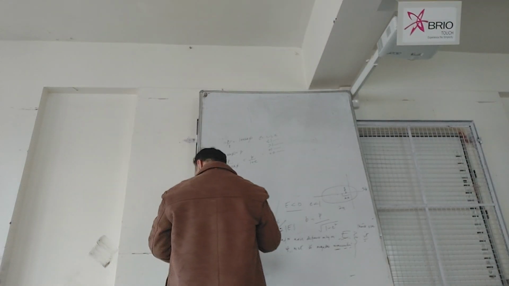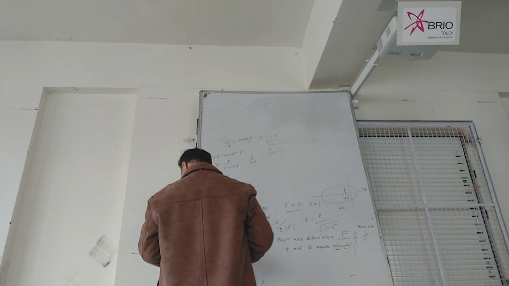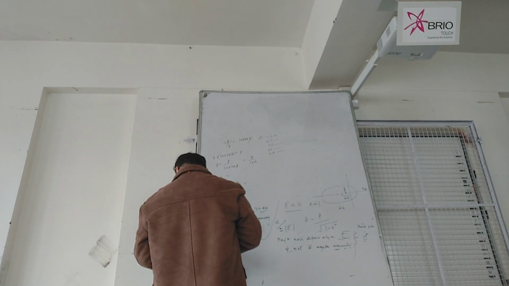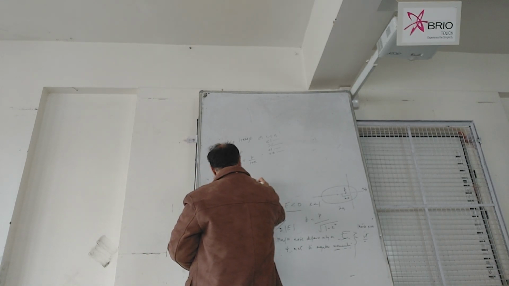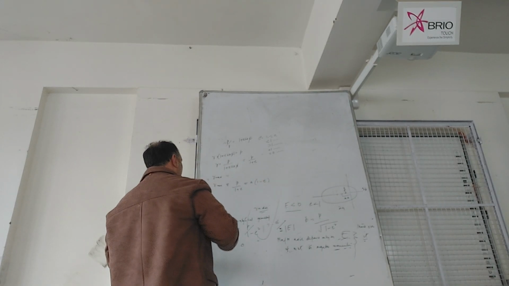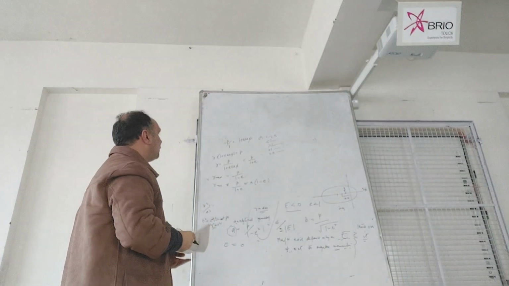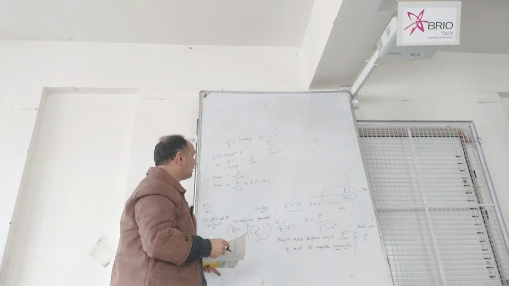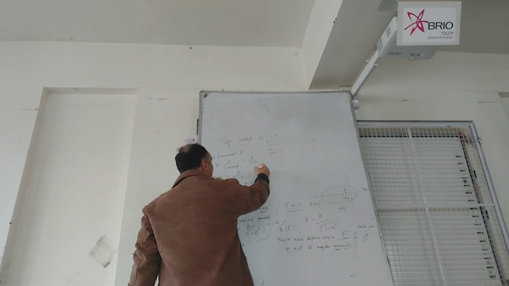So for the minimum radius it is p by 1 plus e, and for the maximum radius it is p by 1 minus e. If you take it upward, 1 minus e will come, then minus minus becomes plus.